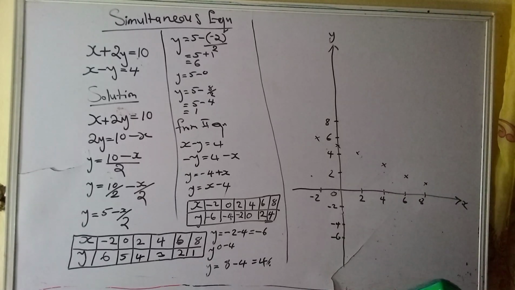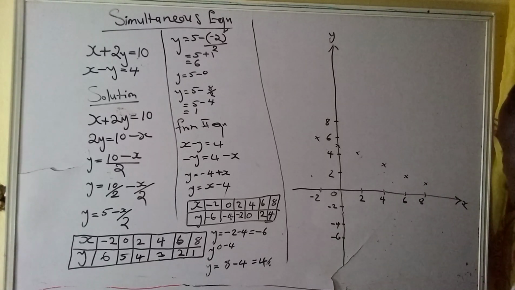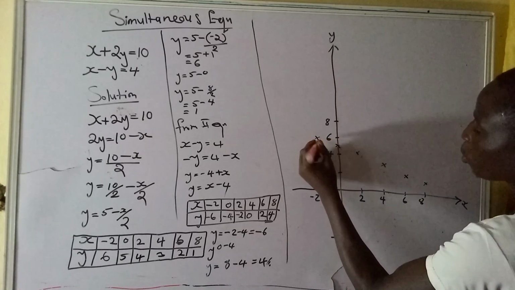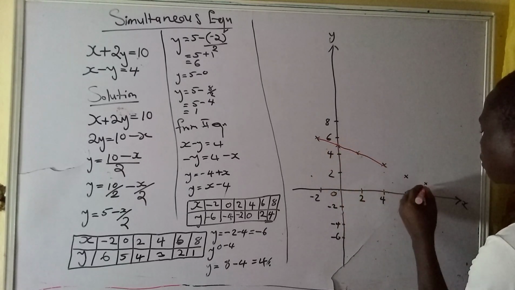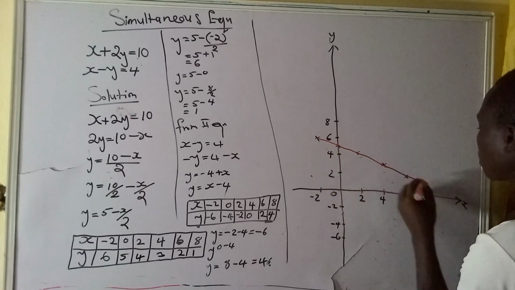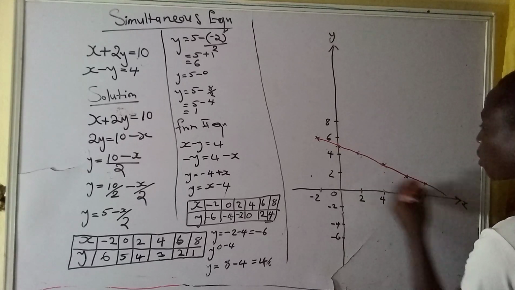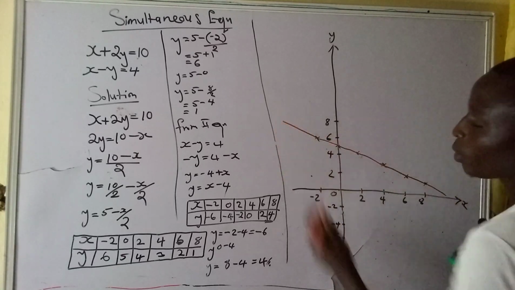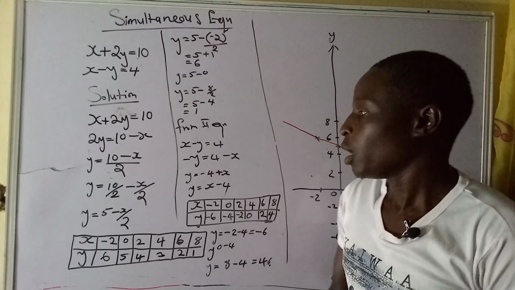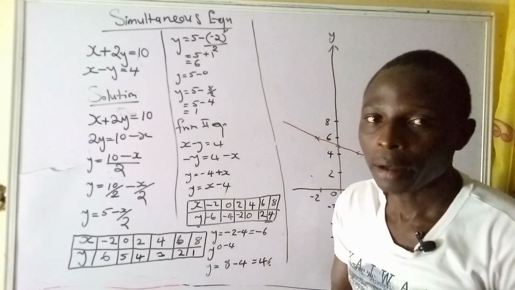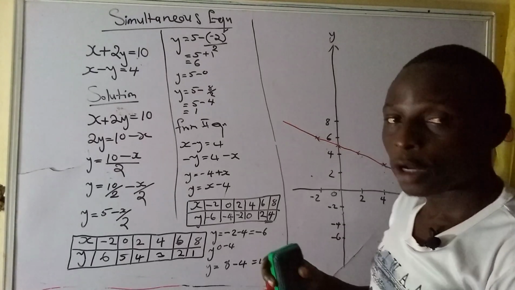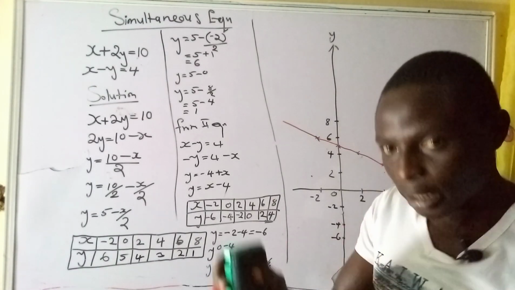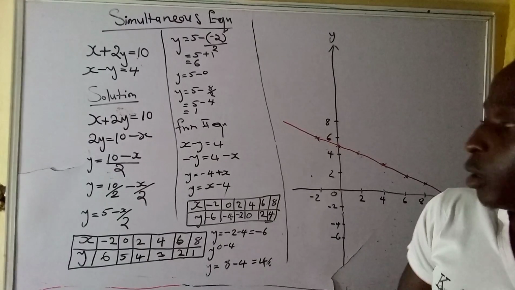So I need to carefully join these points. You know that I have to use a ruler or meter rule to join a straight line, to join the points.